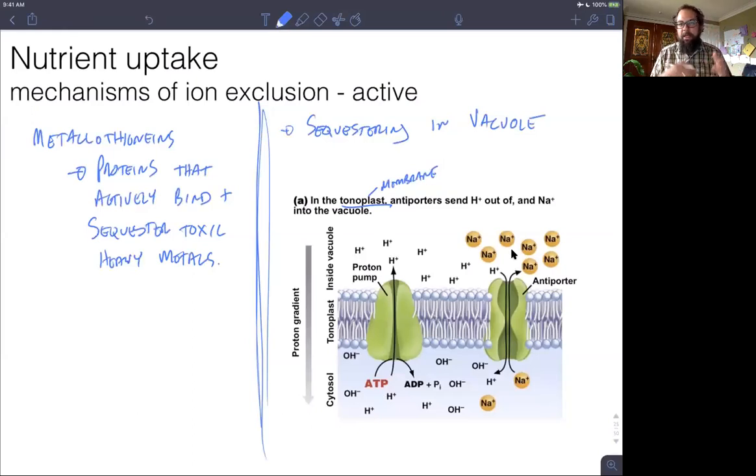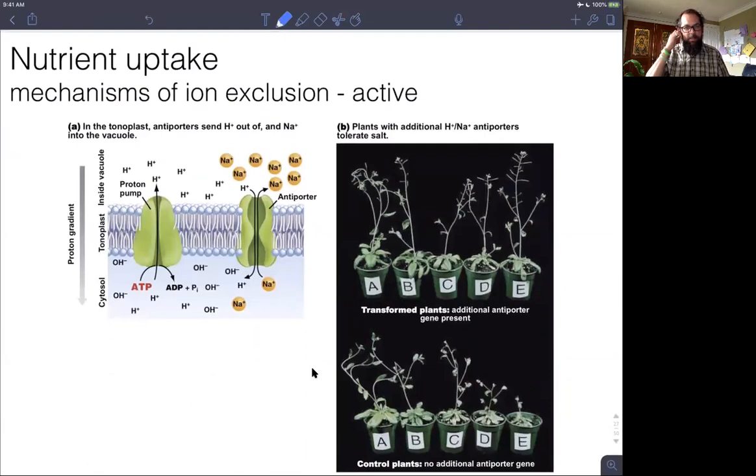And the ions are moved in against their concentration gradient using a proton pump, establishing an electrochemical gradient to move these against the concentration gradient into the tonoplast. This one's been studied quite a bit. And like with other plant systems, the way that this is recognized as an important mechanism of ion exclusion is through experiments done with Arabidopsis.